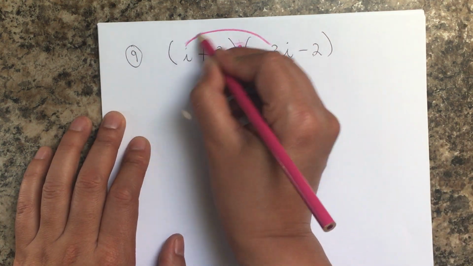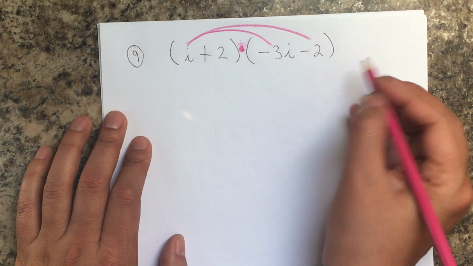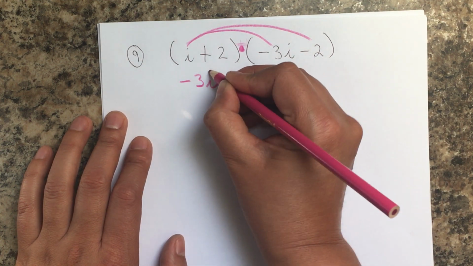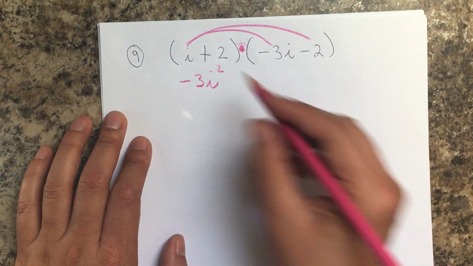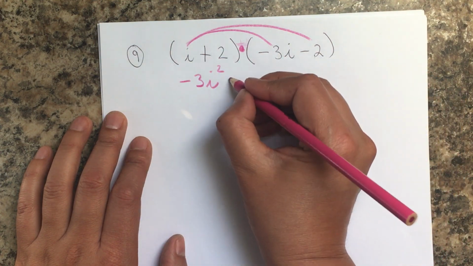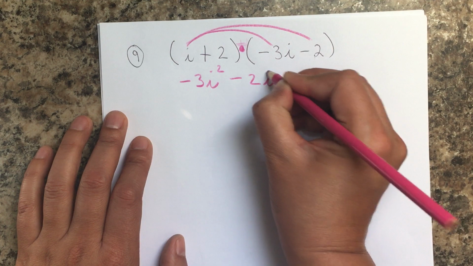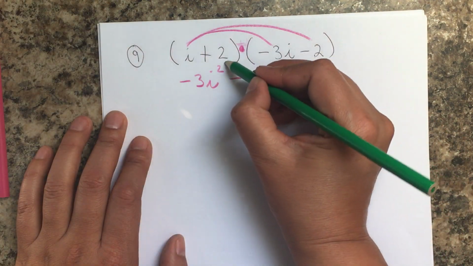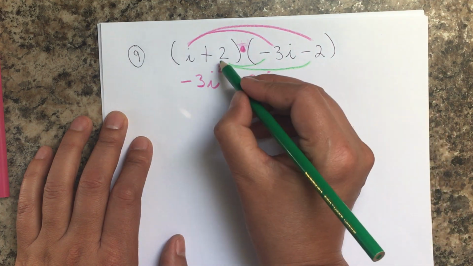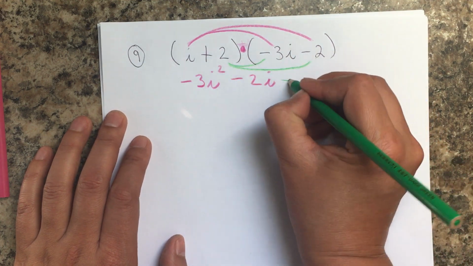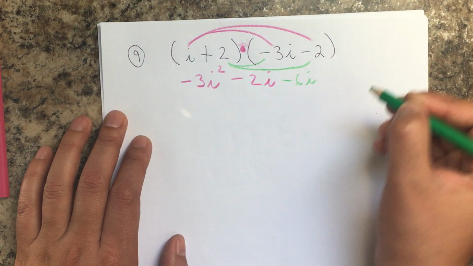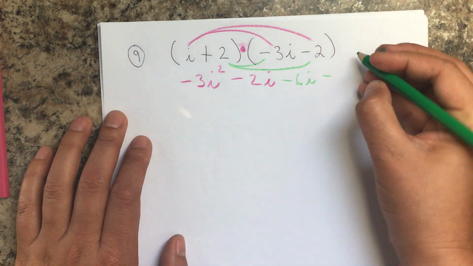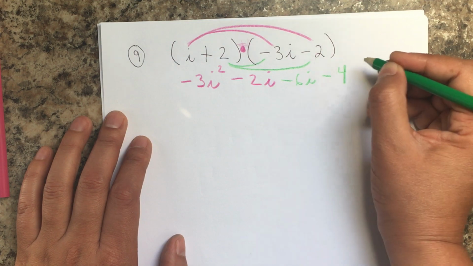Okay, so I'm going to do the double distributive property. So i times negative 3i is negative 3i squared. i times negative 2 is negative 2i. Then I do the second distributive property. So 2 times negative 3i is negative 6i. 2 times negative 2 is negative 4.